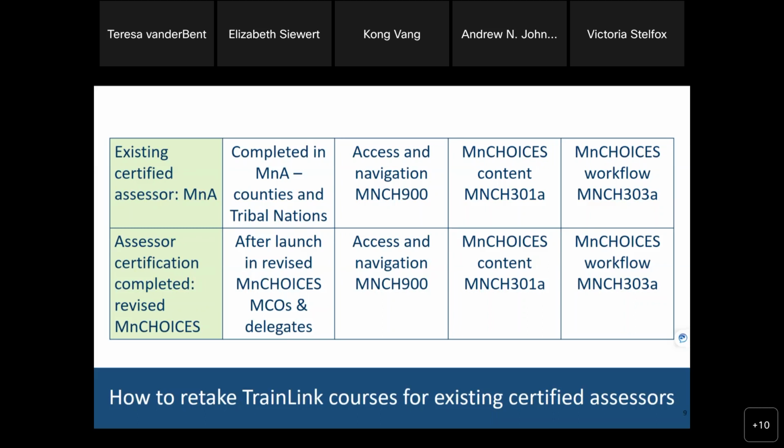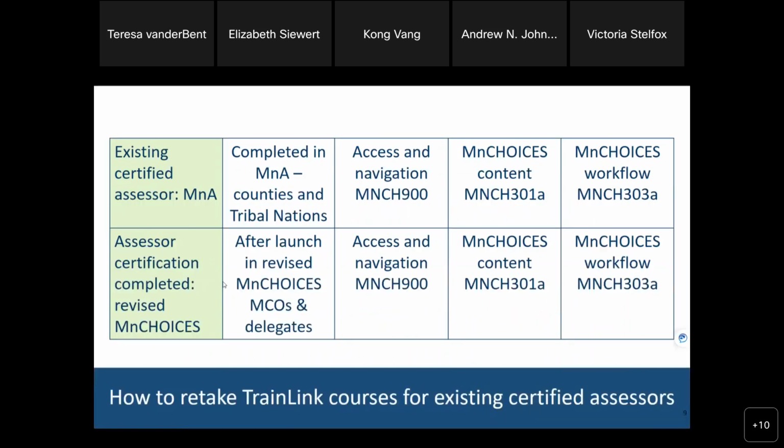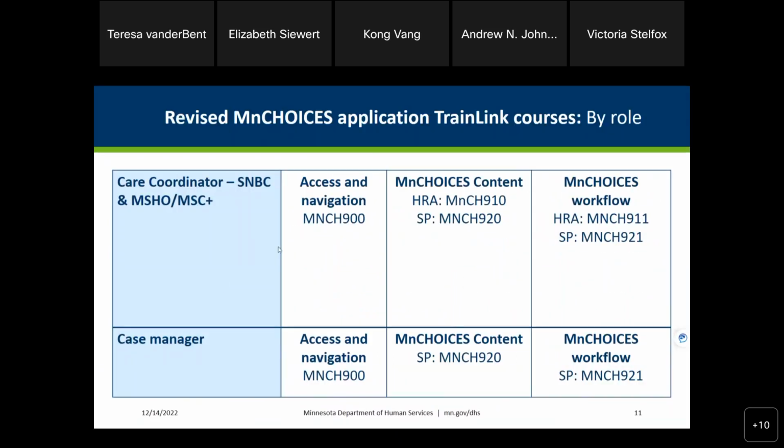Another quick one, to clarify based on what you said earlier: if we have folks on our team that are not certified assessors, you recommend taking the 900 and the 303A course again as a refresher, correct? I was going to go back to that.